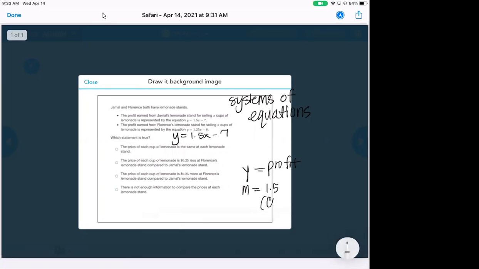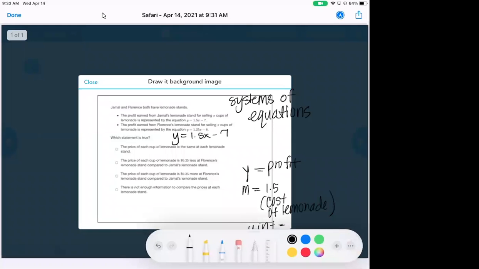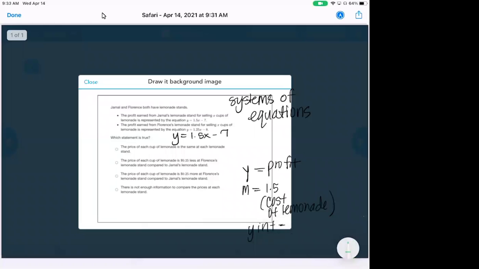The cost of lemonade, so it's what he charged per lemonade. And then the y-intercept, which is the minus 7, that's what Jamal has to pay in order to have a lemonade stand, all right? So that's the fee. So he got to take $7 away.